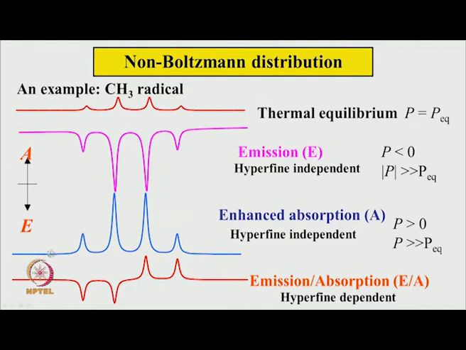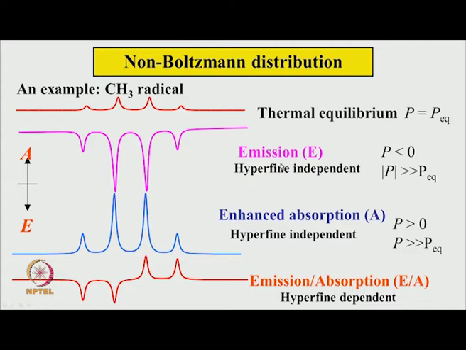The other possibility is that I get absorptive polarization, where P is greater than 0 and much bigger than the equilibrium value. So I get a huge signal, but the relative intensities are the same as the thermal population. Again, this intensity distribution is hyperfine independent.